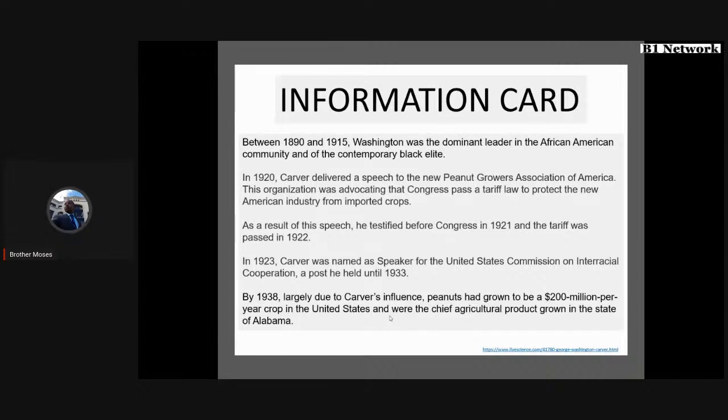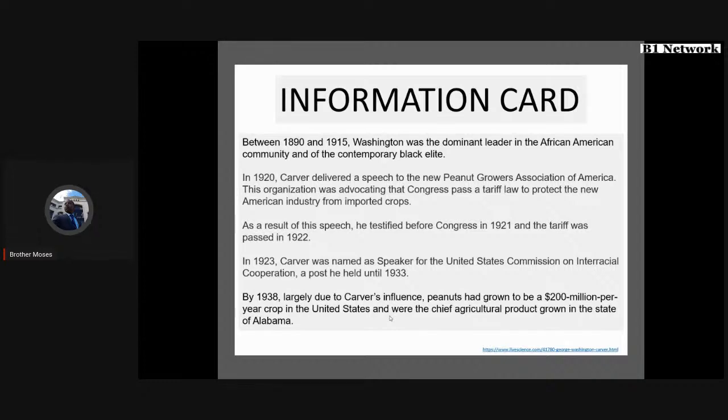In 1923, Carver was named as Speaker for the United States Commission on Interracial Cooperation, a post he held until 1933. And then finally, by 1938, largely due to Carver's influence, peanuts had grown to be a $200 million per year crop in the United States, and were the chief agricultural product grown in the state of Alabama, which is where Tuskegee was. That is the impact.